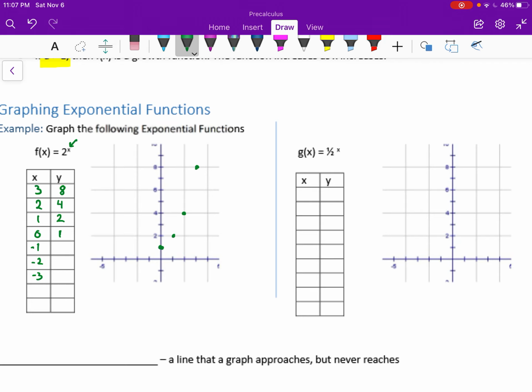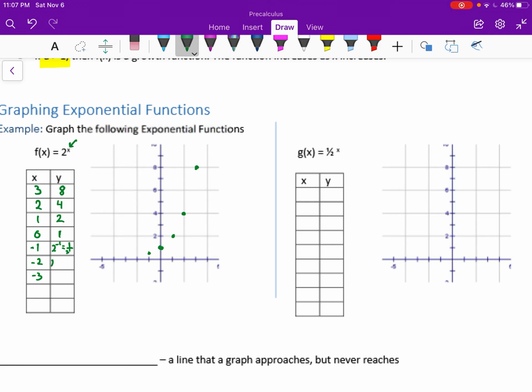And now we put in negatives. So when we put in negatives, this is 2 to the negative first. Well, we know that means when we have a negative exponent, that power moves to the denominator and it's 2 to the first, which is just 1/2. So when x is negative 1, we get 1/2.